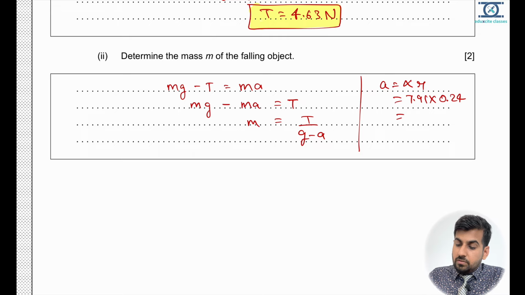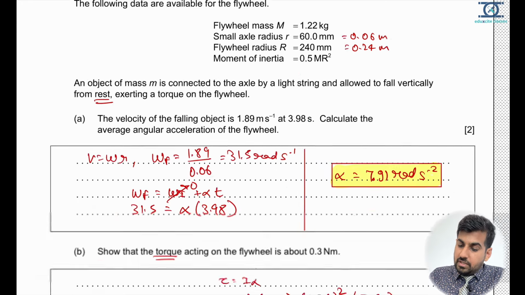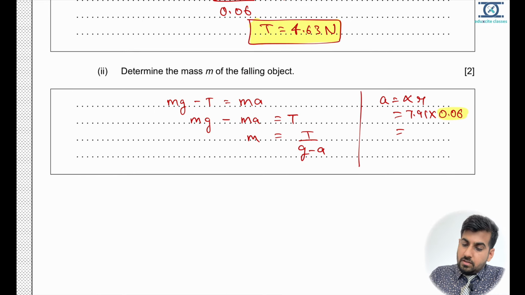This mass is connected with the smaller one, so you have to use the smaller radius, guys. Be very careful. This is the falling object and this m is connected with this axle, so the acceleration will be of this small radial axle, so the radius will be 0.06.